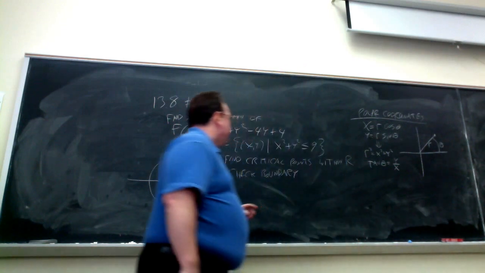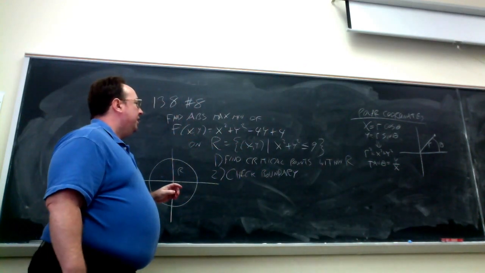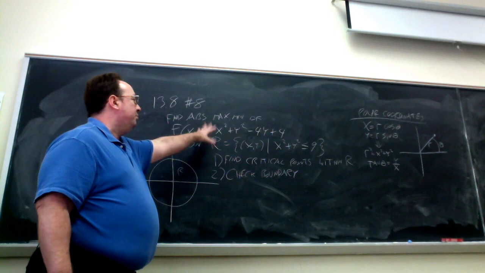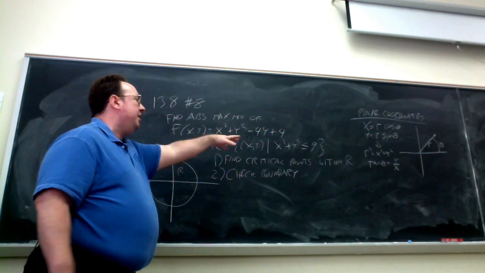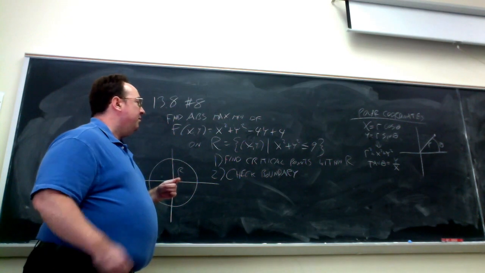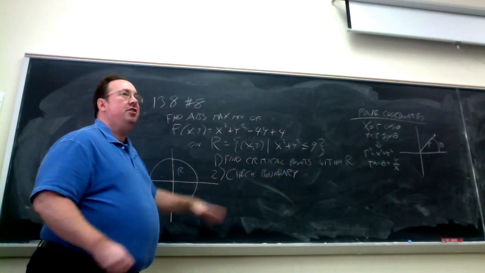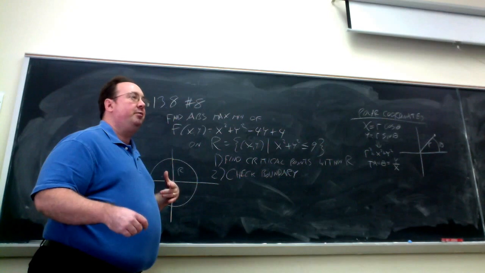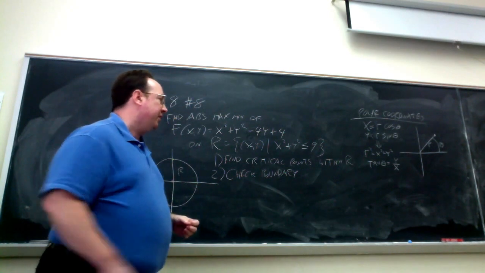So what you can do is express this function in polar coordinates, and then the domain in polar coordinates will have a simpler description. And then work out the problem in the exact same way. You're just dealing with different variables. You're just taking partial derivatives with respect to r and theta instead of x and y.